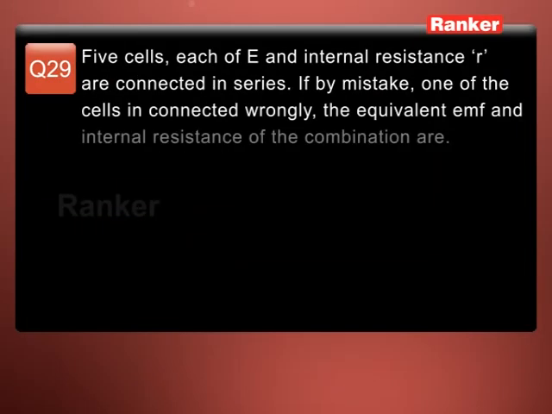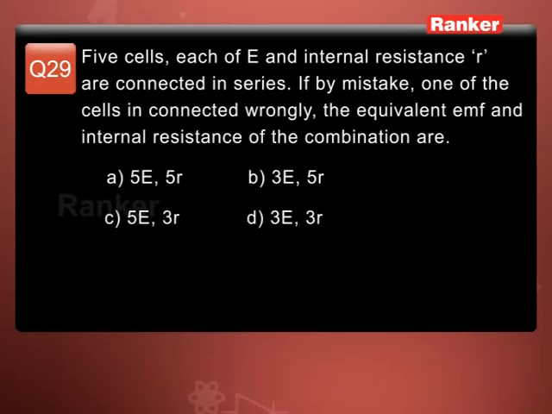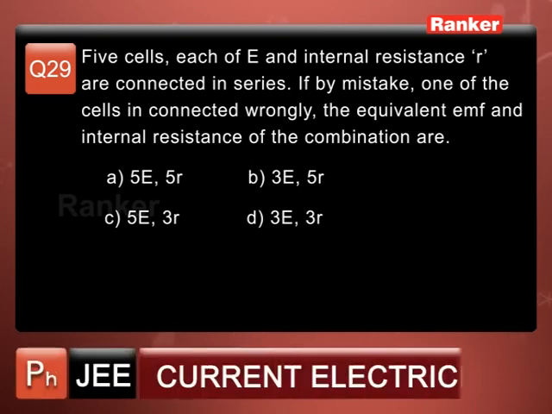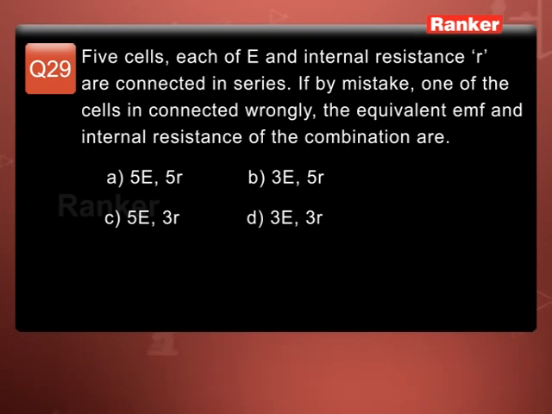Problem 29 now. 5 cells, each of EMF E and internal resistance small r are connected in series. If by mistake one of the cells is wrongly connected, the equivalent EMF and internal resistance of the combination are how much?